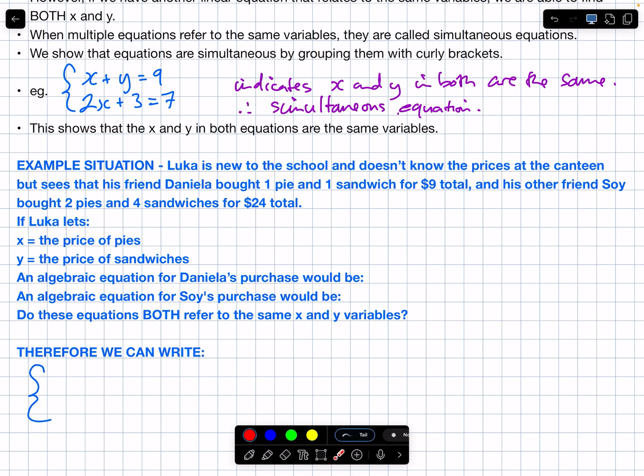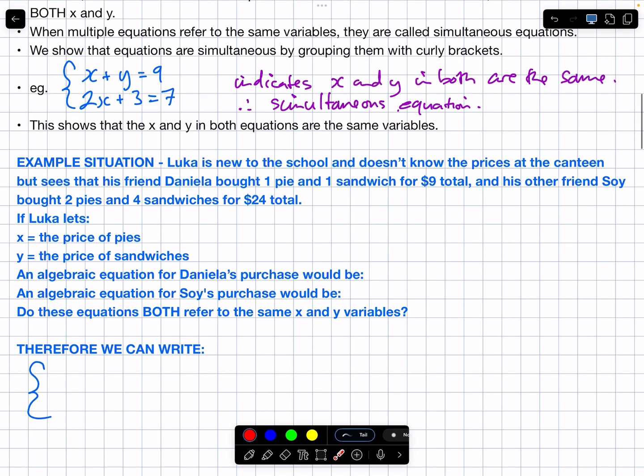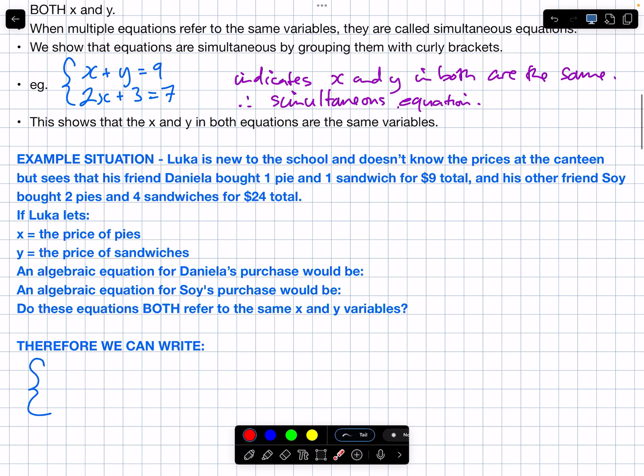So just grab that. How do we show that equations are simultaneous? We put curly brackets. And what I'm going to show you here is a situation where simultaneous equations would be useful. Then I'll show you how to solve them.